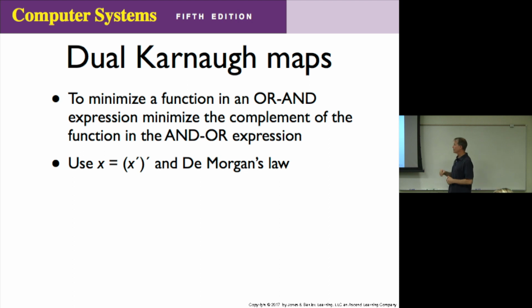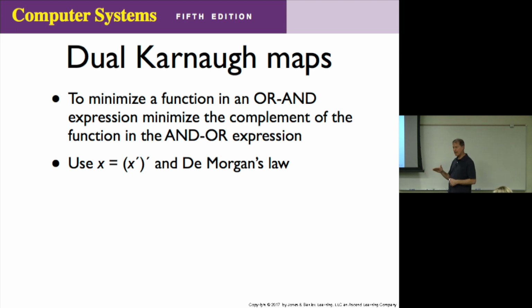Now, here's the thing about dual Karnaugh maps. To minimize a function in an OR-AND expression, it's analogous to working in AND-OR space and then converting.